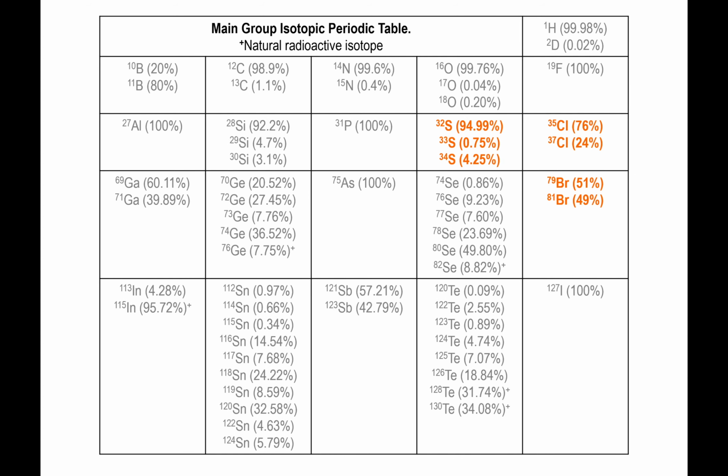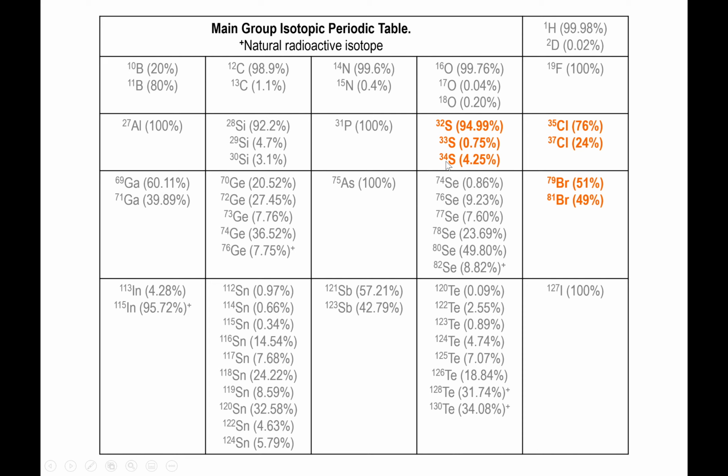Other elements that we are going to talk about in particular in this lecture are sulfur, chlorine, and bromine. These are common elements that also get to be bound to carbon in many organic molecules. From the point of view of sulfur, it's really all about sulfur-32 and sulfur-34, with a value of roughly 4% for sulfur-34. Sulfur-33 is actually pretty small, less than 1%, so it's not all that important for the parameters we're going to be looking at.